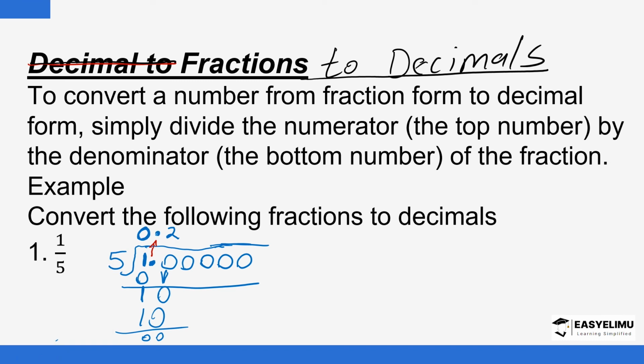So this is what we get: 0.2. So what it means is that 1 over 5 in decimal form will be 0.2. So you see how this is read as 0.2. That is how we are able to convert from fraction form to decimal form.